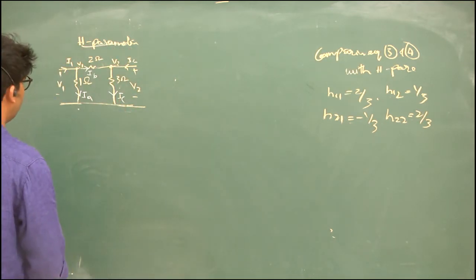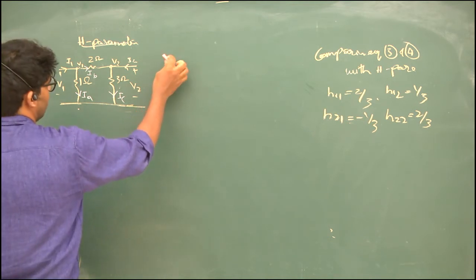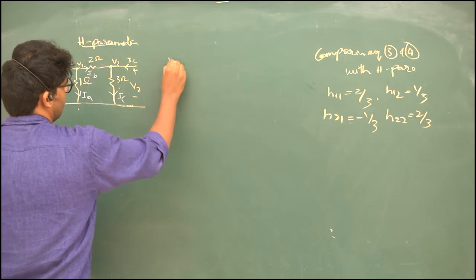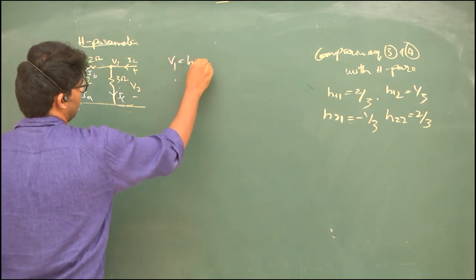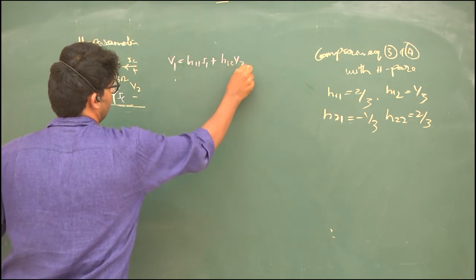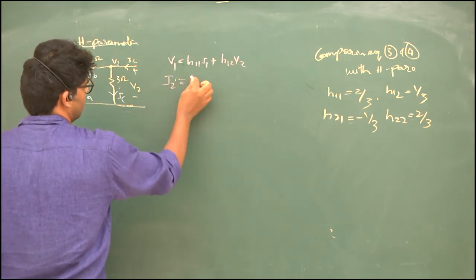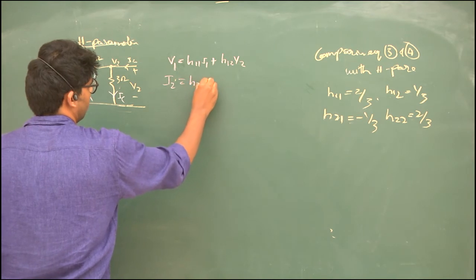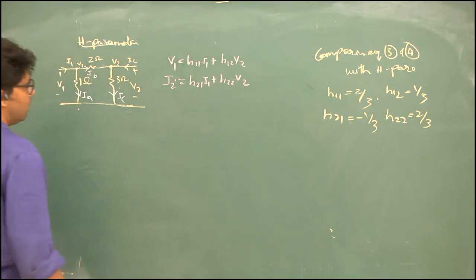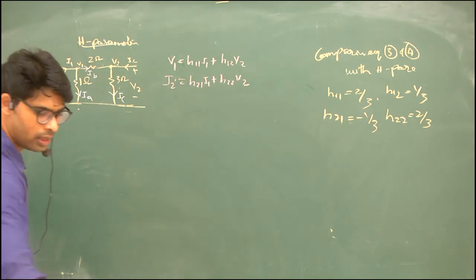For the same circuit, the h parameters we are having are V1 equal to h11 I1 plus h12 V2, and I2 equal to h21 I1 plus h22 V2. These are the h parameters we have in general.